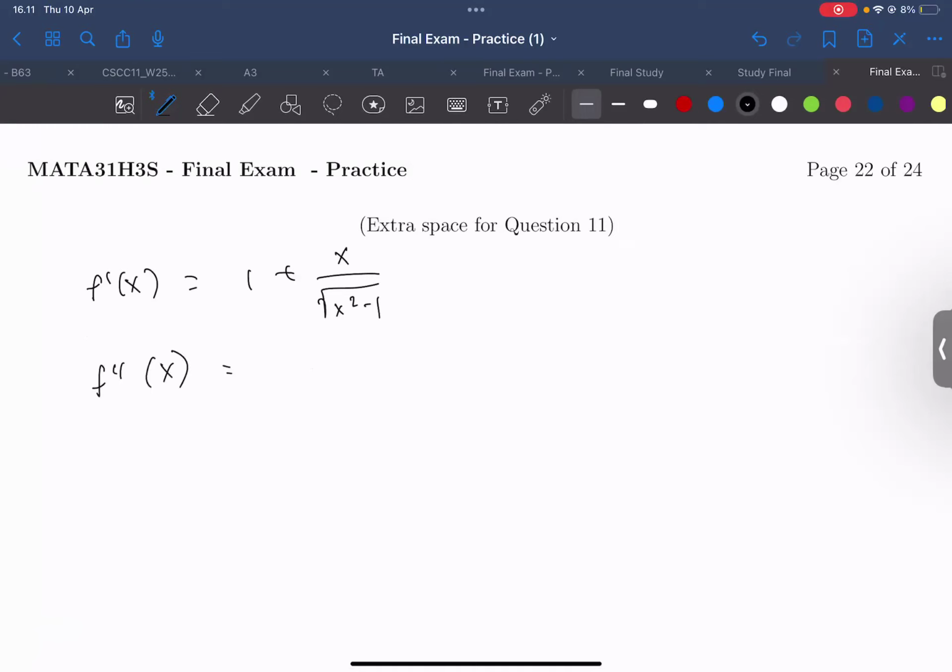The 1 is a constant, so it becomes 0. So we do the quotient rule on the second term. We get 1 times square root of x squared minus 1, minus the derivative of the bottom term, which is 1 over 2 root x squared minus 1 times 2x.